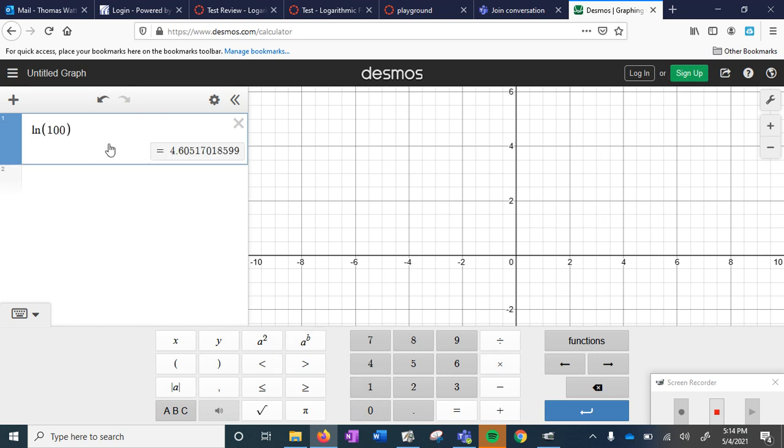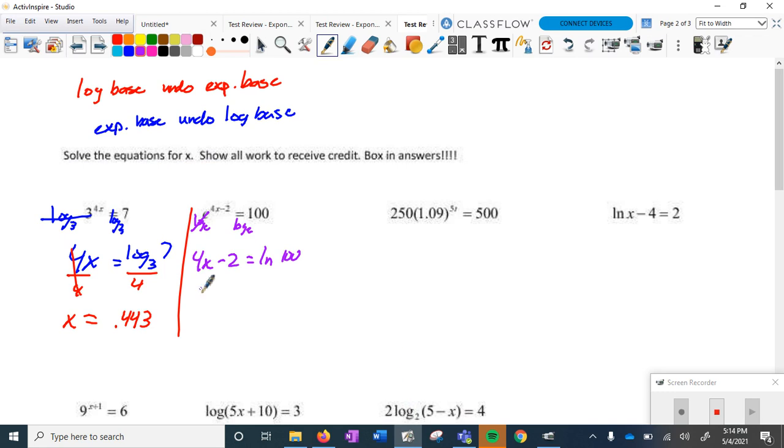Natural log of 100, 4.605. Let's go put that in there. So 4x minus 2 equals 4.605. Then we're going to add 2 to this one. So 4x equals 6.605. Then we're going to divide by 4.